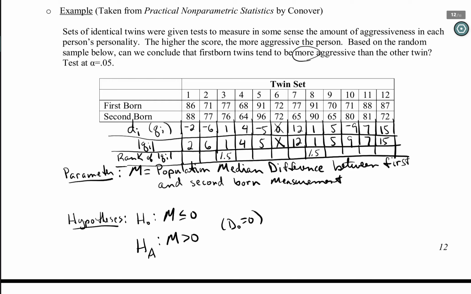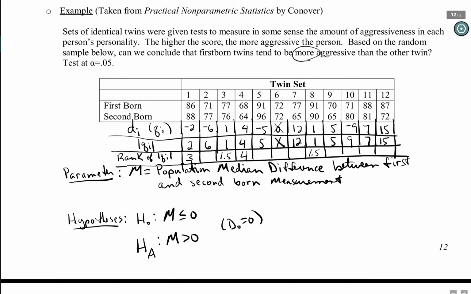The next largest value is 2 here, and 1 and 2 have already been used for the 1.5 cells, so the rank value is going to be 3. The next largest absolute value of Q is 4, and so that's going to have a ranking of 4.